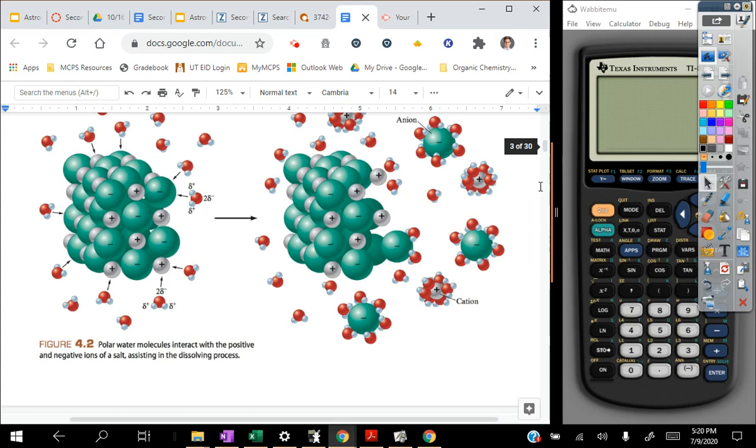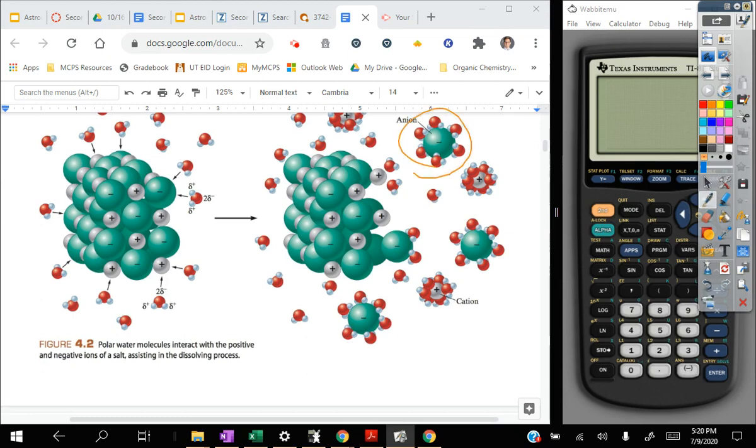So you'll see on the anion up here that all the H's, which have a partial positive charge, are facing in towards the negative. And then when you look at the positive, all the oxygens, which have a partial negative charge, are facing in towards the positive. It does matter because of the opposites attracting principle.